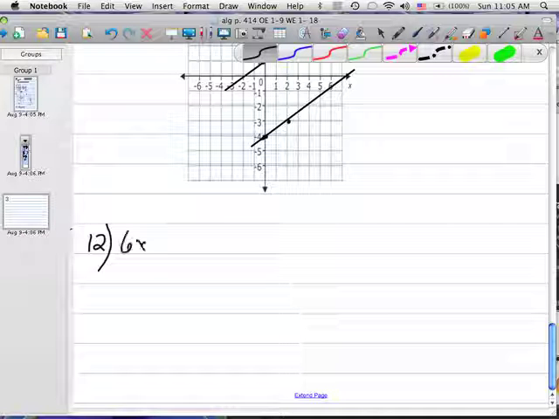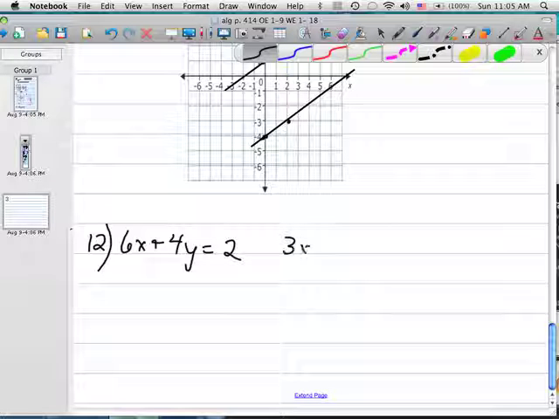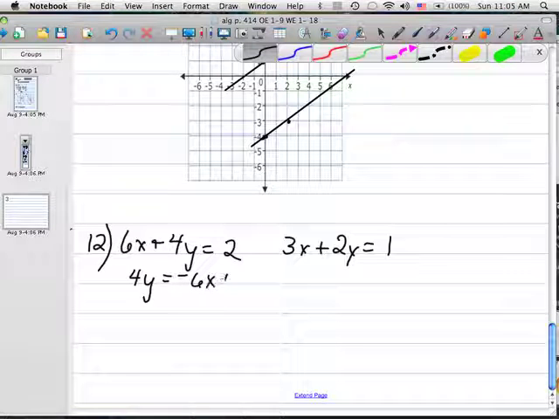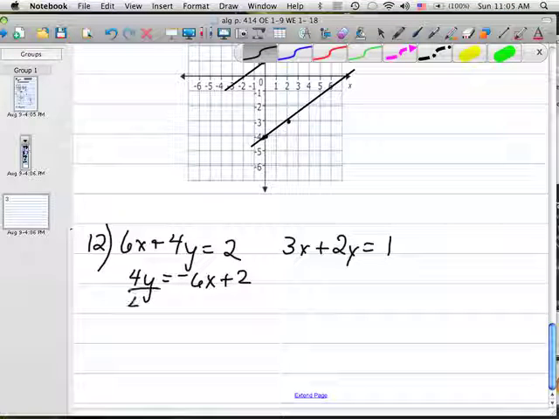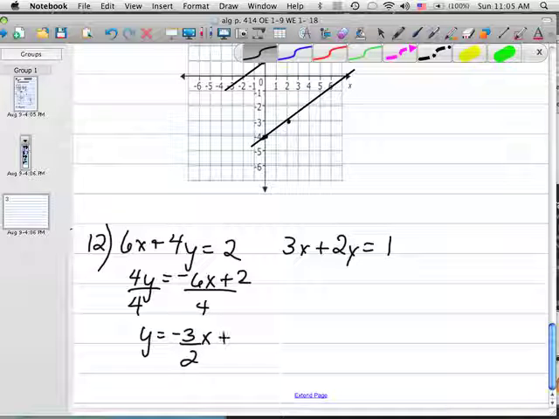We have 6x plus 4y equals 2, and 3x plus 2y equals 1. Solving for y, we get 4y, subtract 6x from both sides, we get negative 6x plus 2, divide by 4, and we get y equals negative 6 over 4, which is negative 3 over 2 x, plus 2 divided by 4, which is 1/2.